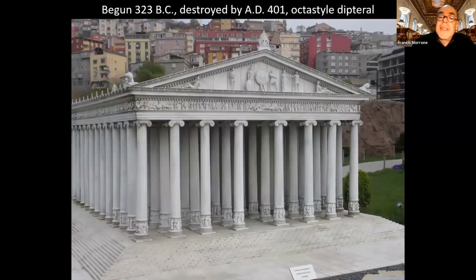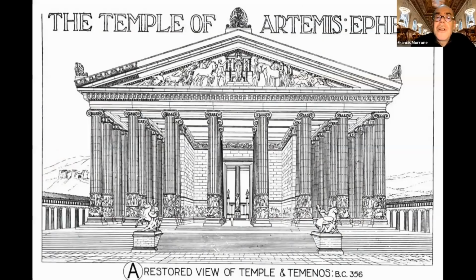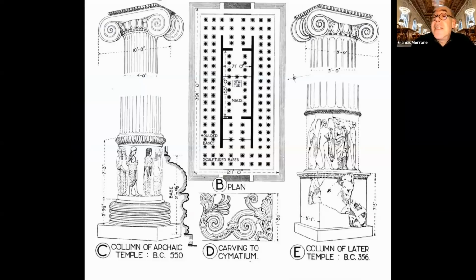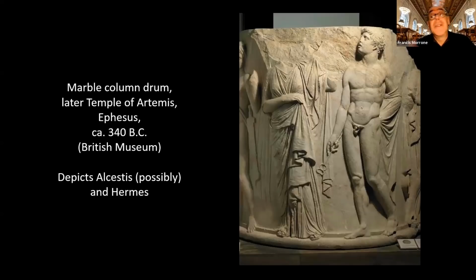There it is up close, and you can see the distinctive voluted capitals of the Ionic Order. This is the image from Sir Banister Fletcher's A History of Architecture on the Comparative Method. And you see that it has not only the distinctive voluted capitals, but unique column bases with relief sculpture, which you can study up close. Guess where? At the British Museum.